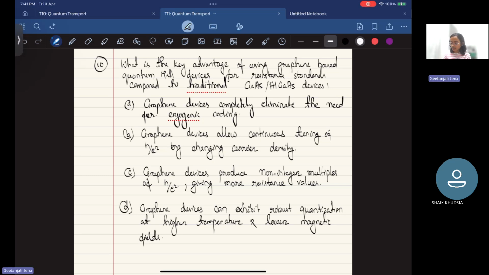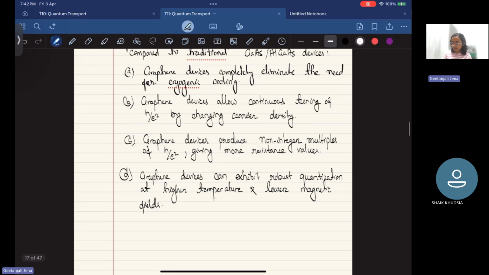The answer for this is option D. We haven't covered the non-integer multiples of h by e squared, which is the anomalous quantum Hall effect.